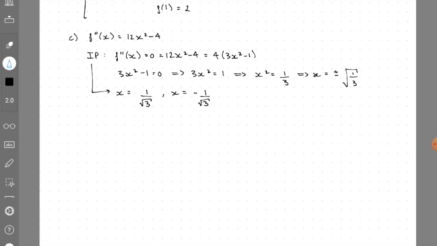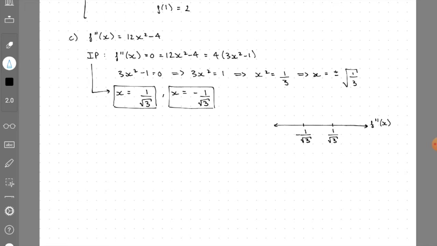Okay, so they're asking, well, we already have the inflection point. That was the first part of what they were asking, so we have these two. And they want to know when it's concave up and concave down. So for this, I'm going to do the same as before. I'm going to draw a little number line. And I'm going to put here our inflection points, which is what is going to give us the information. And I like putting the f double prime of x here to remember what I'm plugging it into, right?